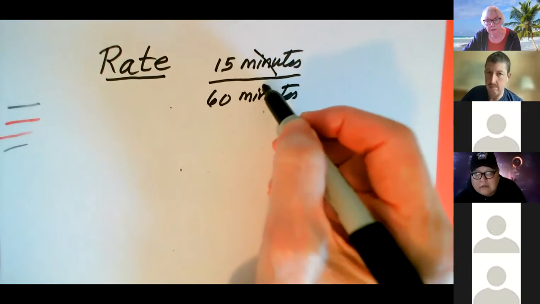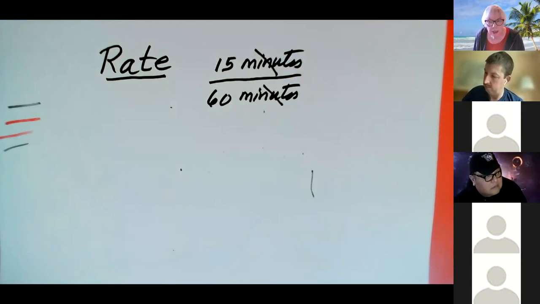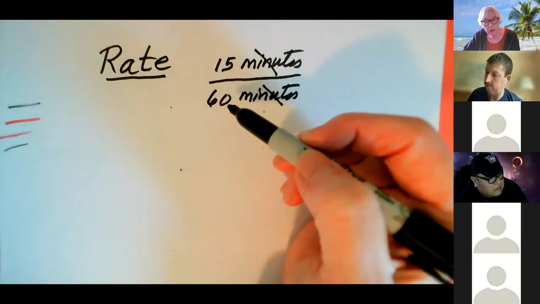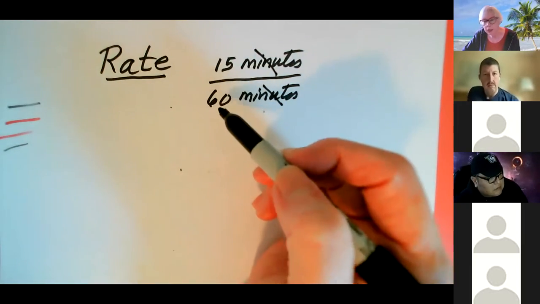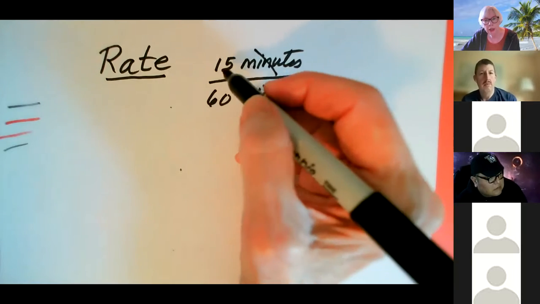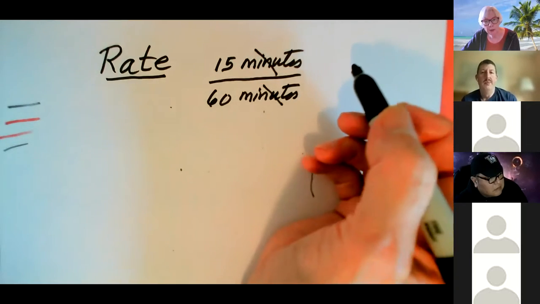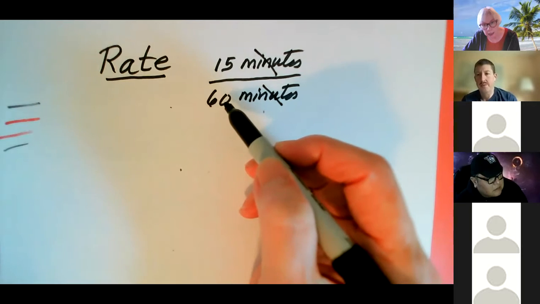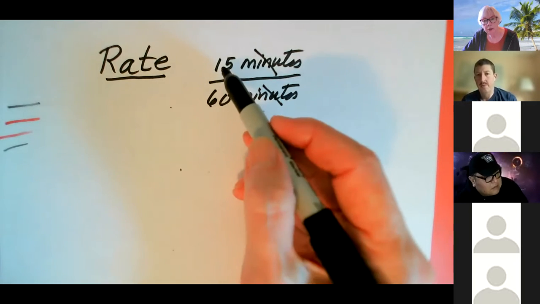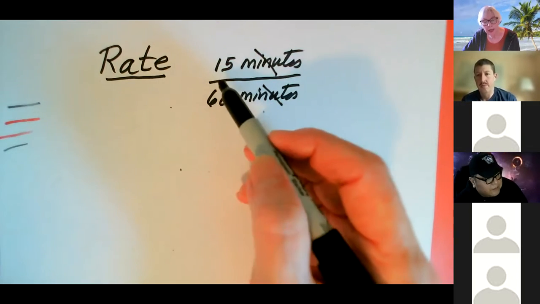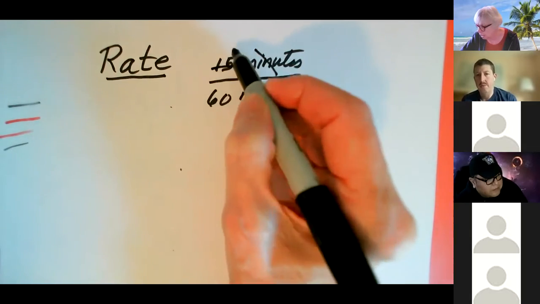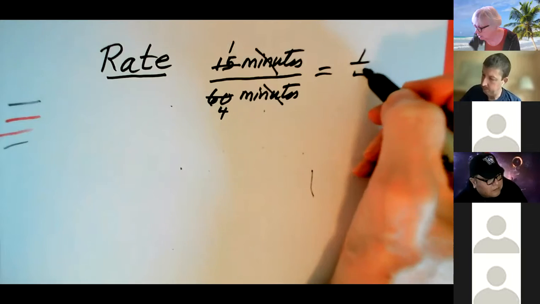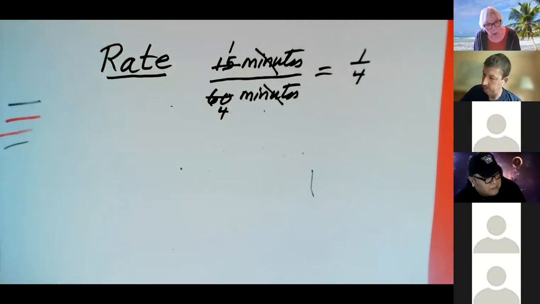And if there's a word involved, you would expect it to cancel so that you can work with these two numbers. It turns out 15 and 60 reduces. You could do it in 2 steps or 1. It turns out 15 times 4 is 60. If you double this, it's 30, and then double that again, it's 60. So this becomes 1 and 4. So the rate in this particular case is 1 to 4.